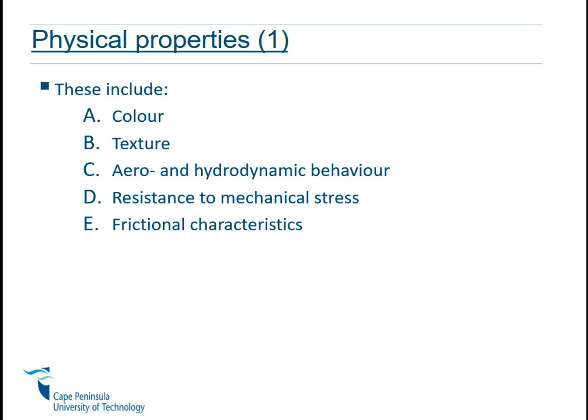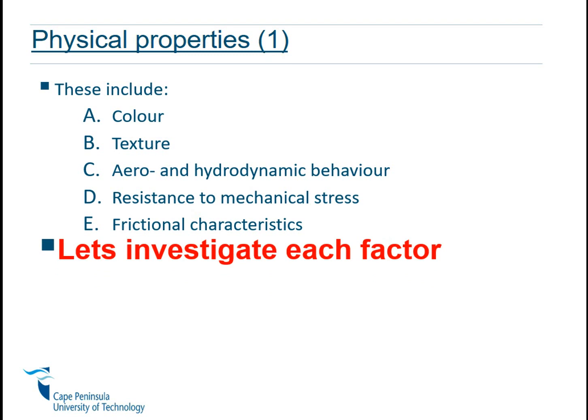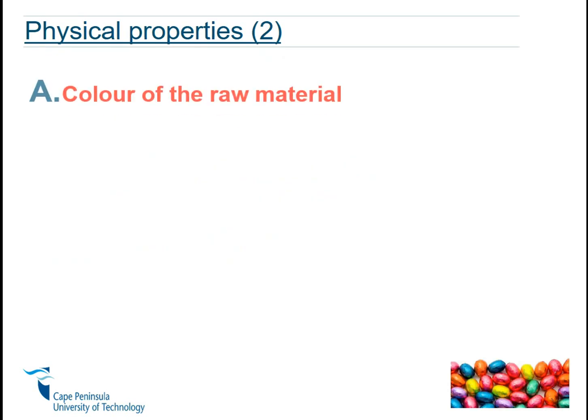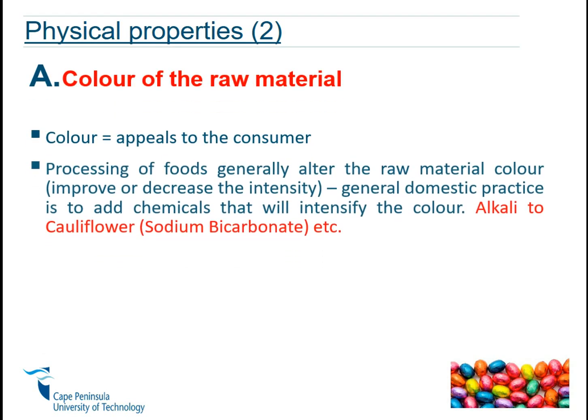Under physical properties, these include the color of the food, the texture, the aerodynamic and hydrodynamic behavior, and the resistance to mechanical stress and frictional characteristics. So, all in all, there are 5 factors that we are going to look at under physical properties. So, let us investigate each factor. We're going to start with the color of the raw material.